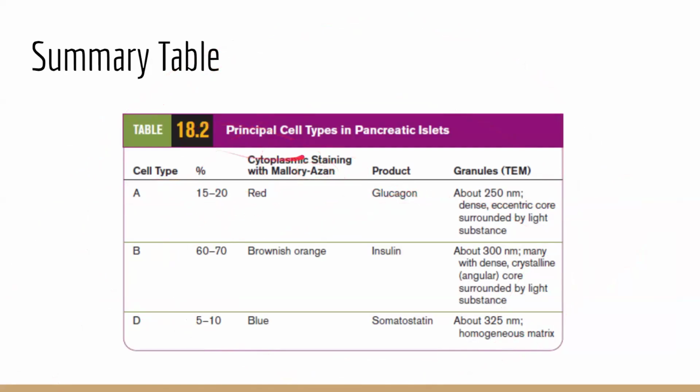Mallory Azan is a way of staining all three of these cell types together so that you can compare. Alpha is red, beta is brownish orange, and delta is blue. Beta, as we said, is the majority and it secretes insulin, which makes sense because, as we'll study later on, insulin has a specific function which most other hormones can't do.